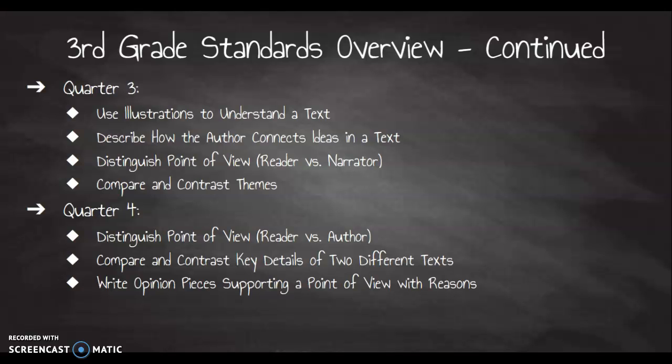In the third 9 weeks, we will be focusing on using illustrations to understand a text, describing how the author connects ideas in a text, distinguish points of view, this will be between the reader and the narrator, and comparing and contrasting themes. In the fourth 9 weeks, we will finish with distinguishing the point of view, this will be between the reader and the author, comparing and contrasting key details of two different texts, and writing opinion pieces supporting a point of view with reasons.